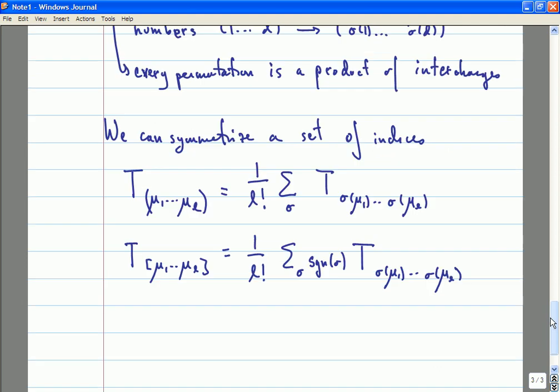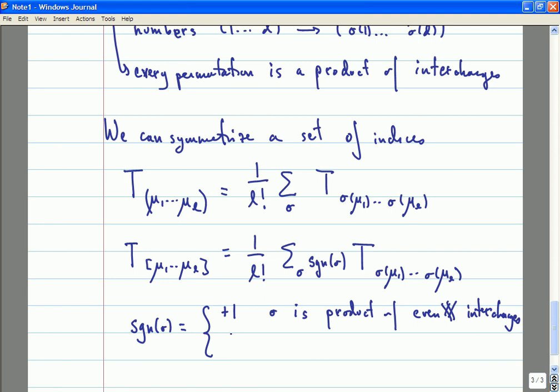And what is the definition of the sign of a permutation? The sign of a permutation is equal to plus 1 if sigma is a product of an even number of flips, so an even number of interchanges, and minus 1 if sigma is a product of an odd number of interchanges.